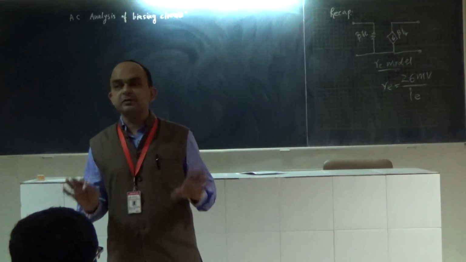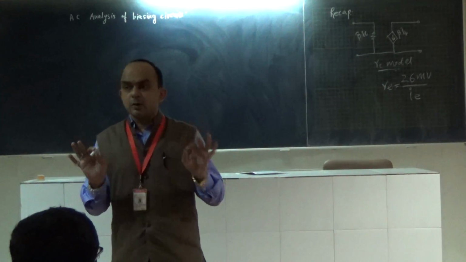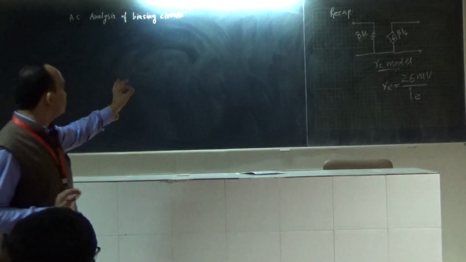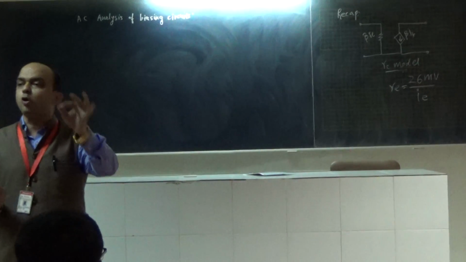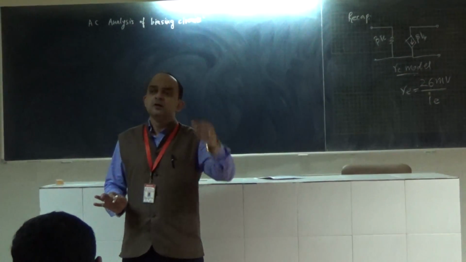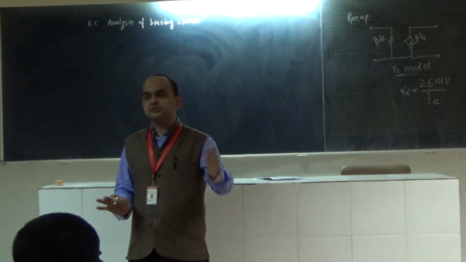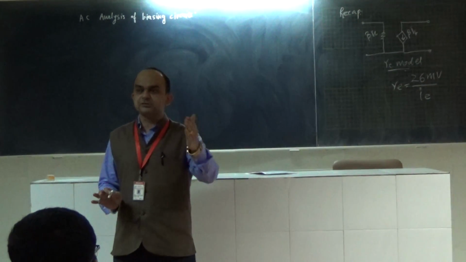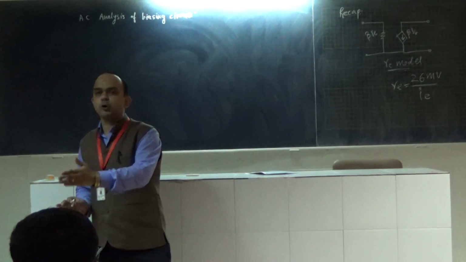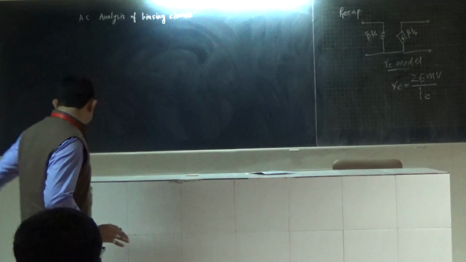Now the only thing left, the most difficult part of this chapter, is AC analysis of the biasing circuit, that too common emitter configuration, that too self-bias. But to move from simple to complex, we will take a simple example and then move to a little more complex problem. So let us take down the first numerical.